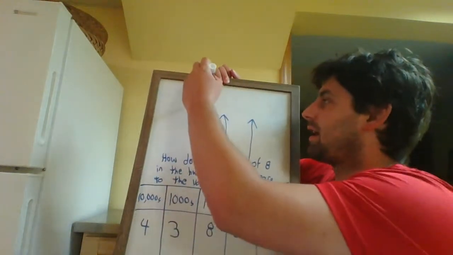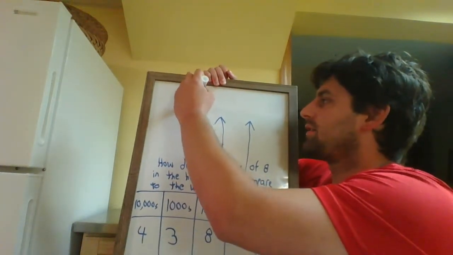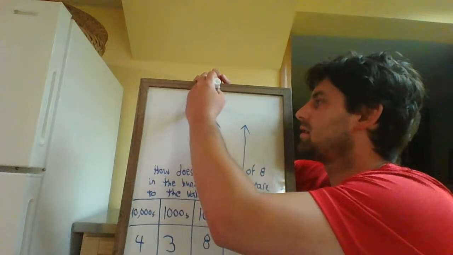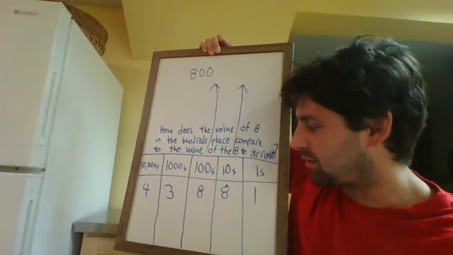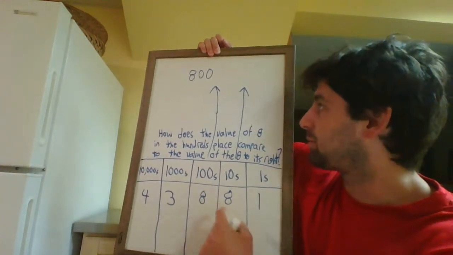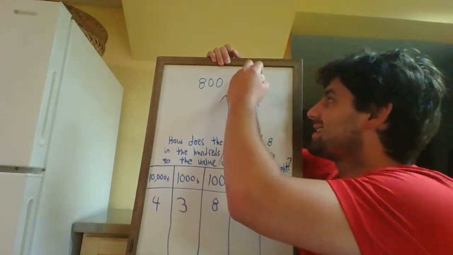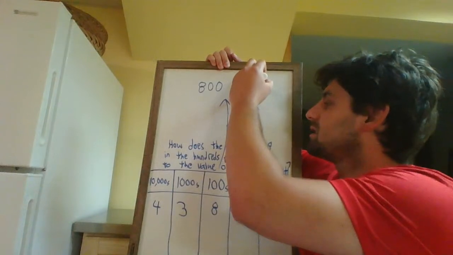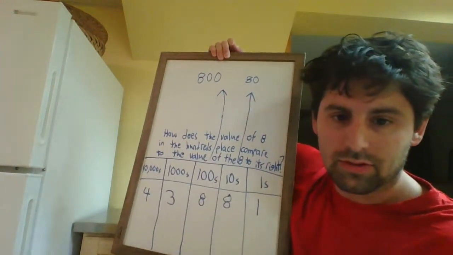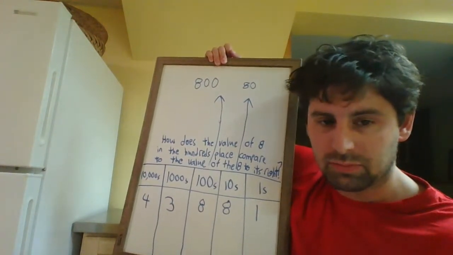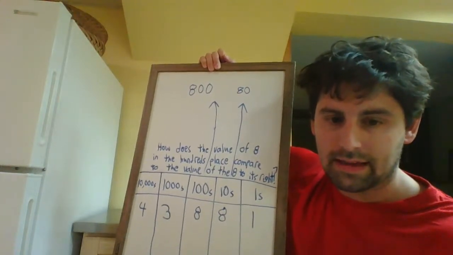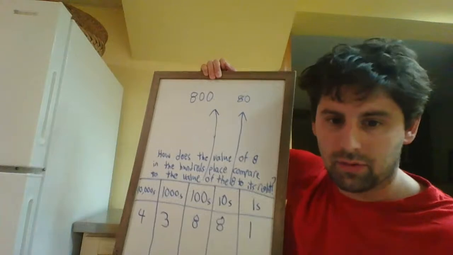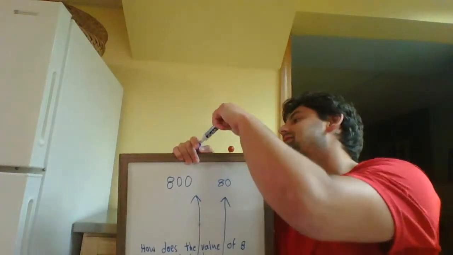The value of the 8 in the hundreds place is 800, whereas the 8 to the right of that, in the tens place, is a value of 80. So the 8 in the hundreds place is bigger. The 8 in the hundreds place is greater than the 8 in the tens place. It's of greater value.